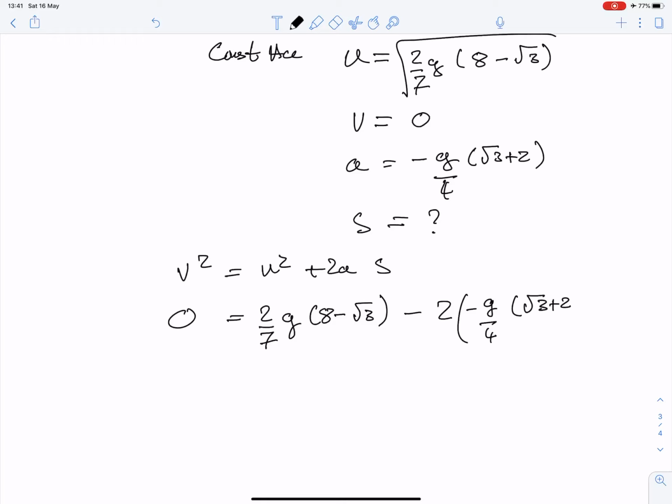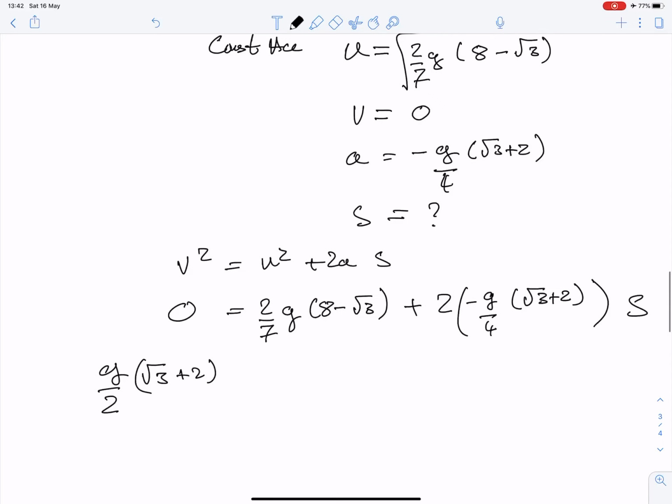So it's the square root of 2 over 7 times (8g minus root 3 g), so 2 over 7 g (8 minus root 3). I think we got that right.